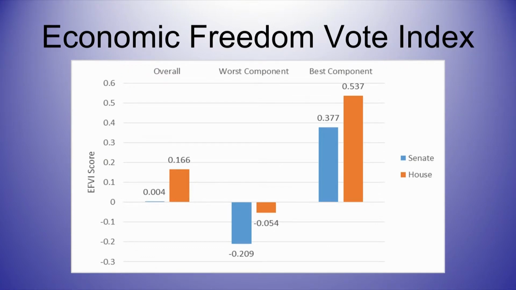And then we have the averages, and this table shows the averages for the overall chambers. We also wanted to investigate some of these different components of economic freedom, just to see if we had the same story going on for each of them, right? Right, and that's an important thing to point out: along with an overall economic freedom score for members of Congress, we also looked at the subcomponents.